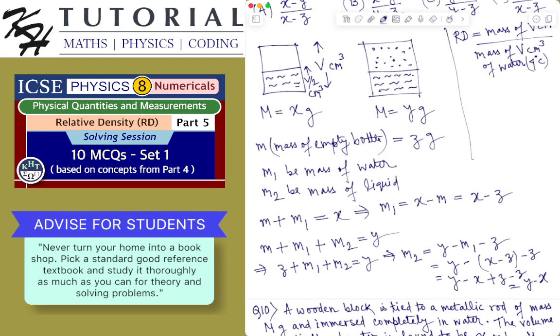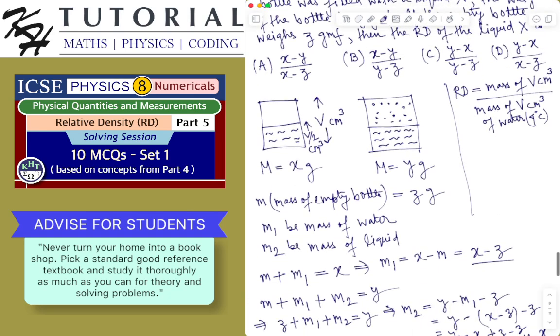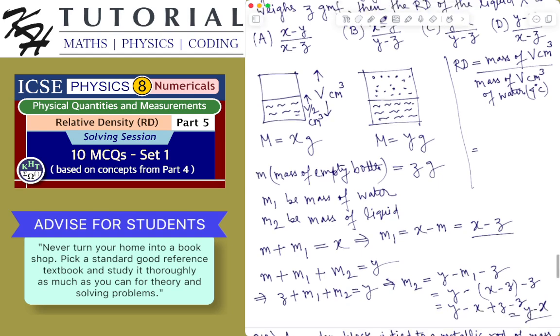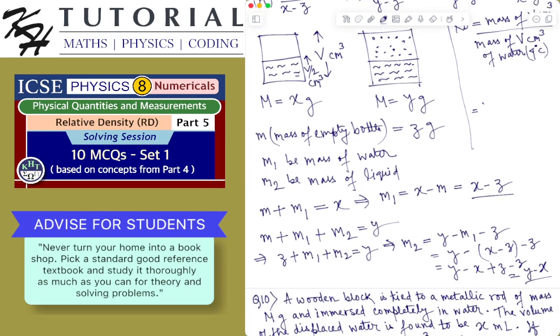So m2, the mass of the liquid, is y minus x, and the mass of the water is x minus z. Knowing that the volume of the liquid and the water is the same, the relative density of the liquid will be equal to the mass of the liquid, y minus x, divided by the mass of the water of the same volume, m1, which is x minus z.